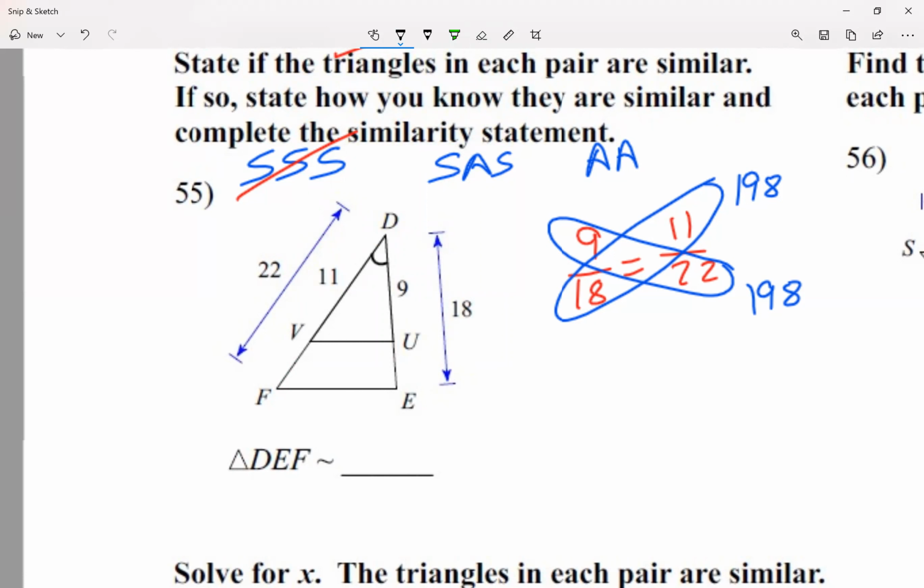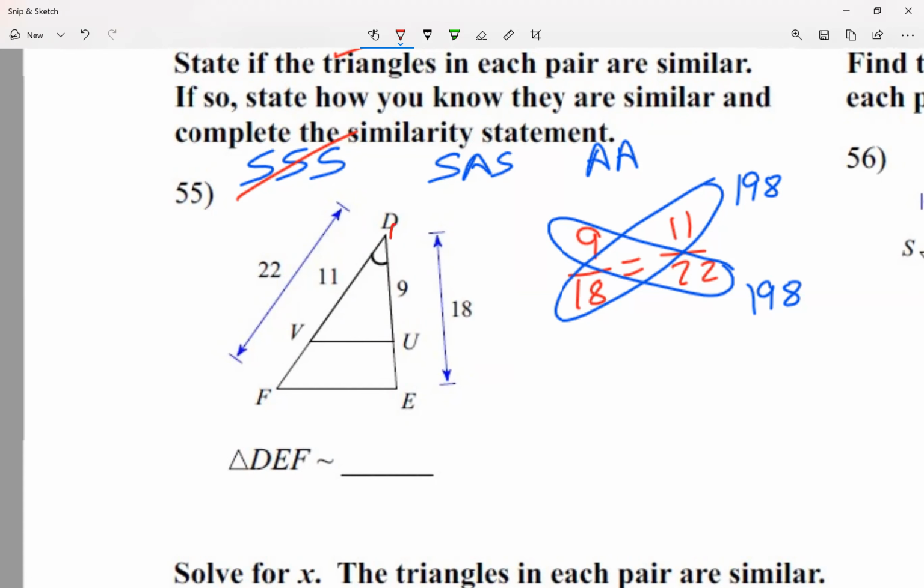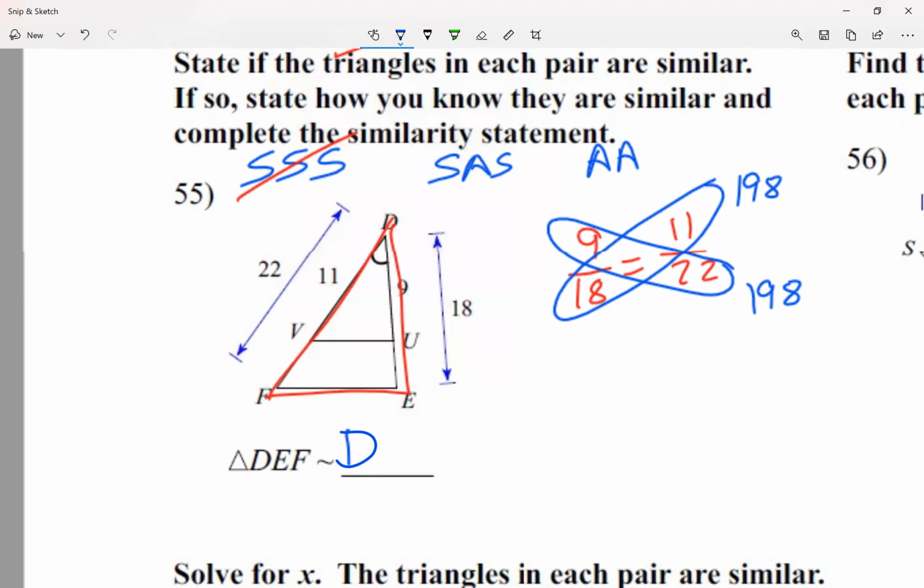So I'm going to use side angle side, two sides and the included angle. Now the order of the letters matters. Notice that here it says DEF. Because I'm saying it is similar, I'm going to complete my similarity statement. DEF is similar to, okay, so the triangle DEF is the big triangle. So I'm going to complete it as DUV to begin with.